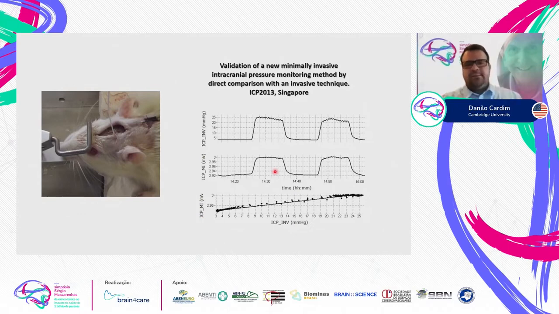As we can see, the first plot represents the traditional invasive intracranial pressure, and the second plot the minimally invasive intracranial pressure. We observe that both methods have an agreement of almost 100% most of the time.